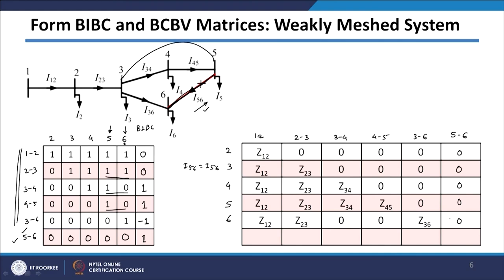And then similarly, since I am adding a branch from 5 to 6 and the direction of current is from 5 to 6, you need to subtract the 6th row from the 5th row.